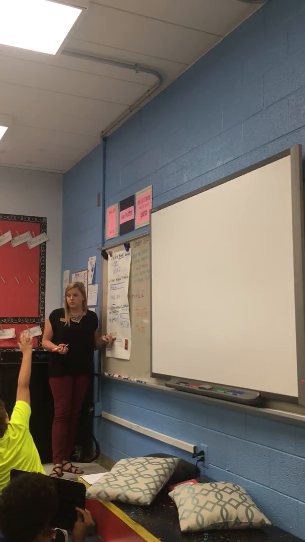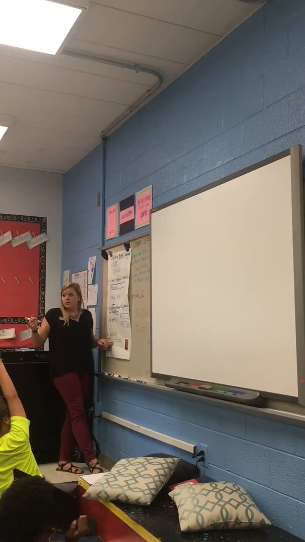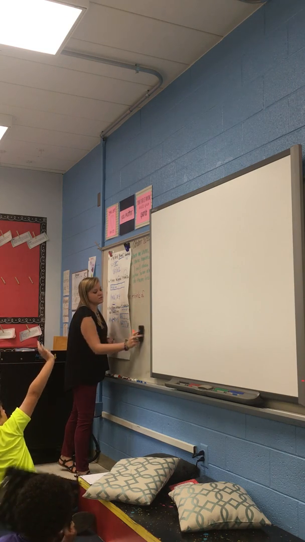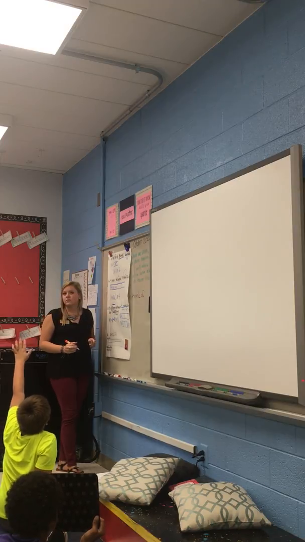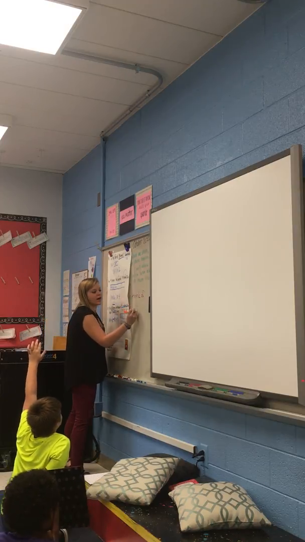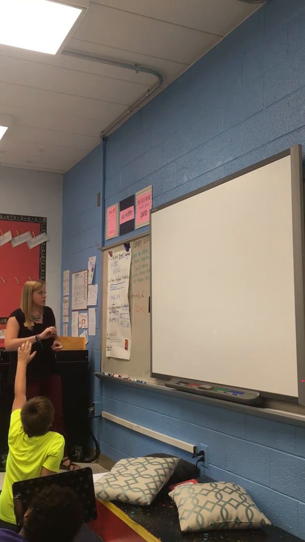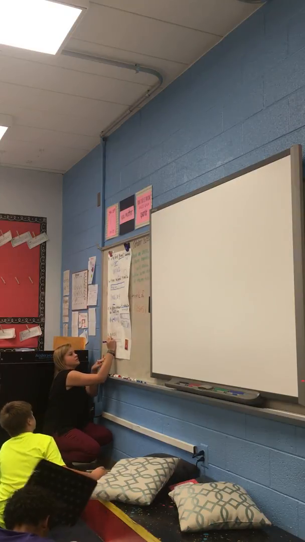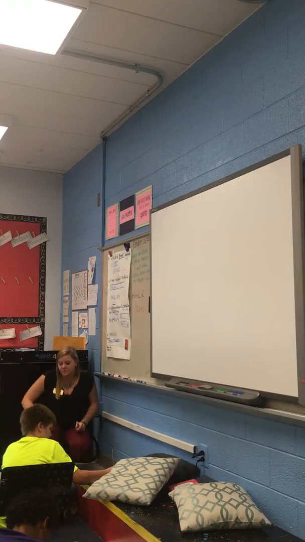We're finding the sum of 25 and 5. Okay, we're not solving, we're just putting it in word form. So, we're going to say the sum of 25 and 5. Put that on your first line.